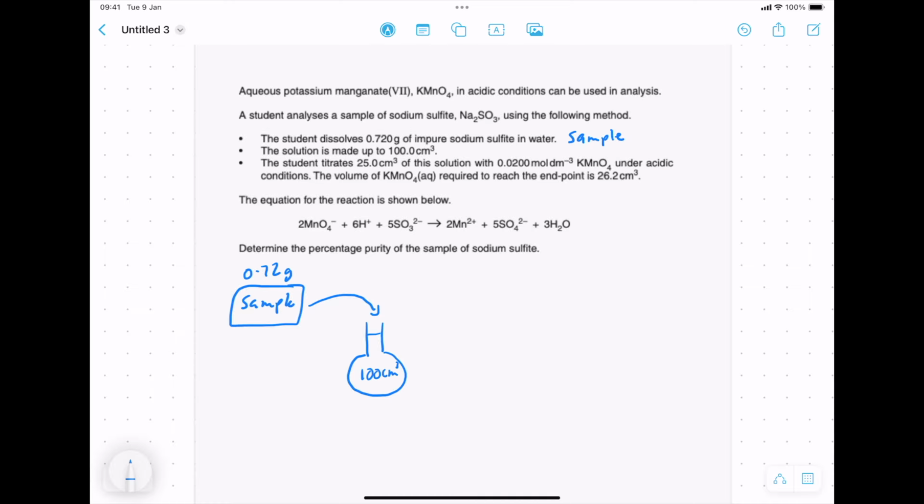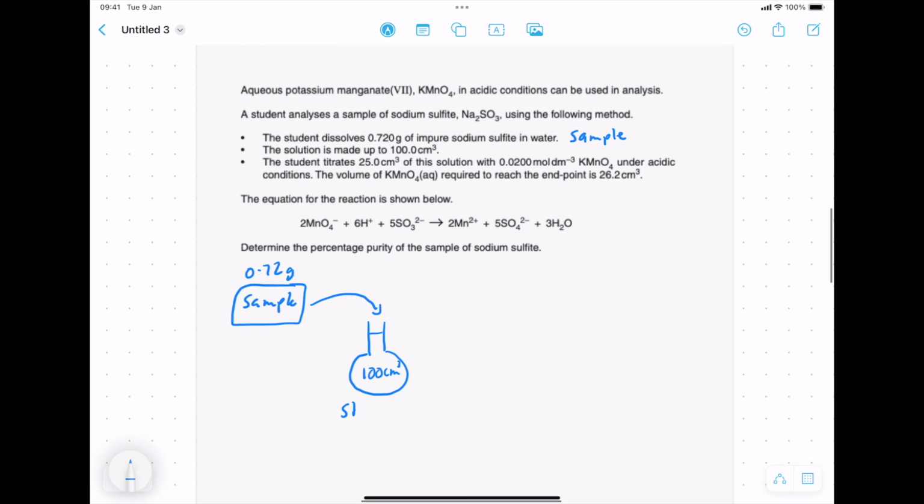And the reason why we need to do this is so we can actually conduct the experiment, the titration, and repeat it. Okay, so the student dissolves 0.72 grams of the sulfite in water. The solution is made up to 100. So this is our standard solution of the sample. The student titrates 25 of the solution. So they take 25 centimeter cubed of this and put it into a flask and titrate it against potassium manganate.